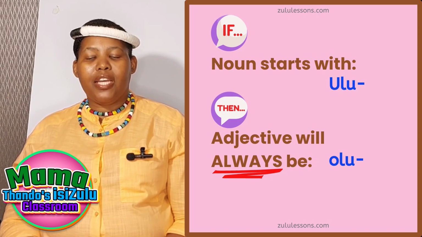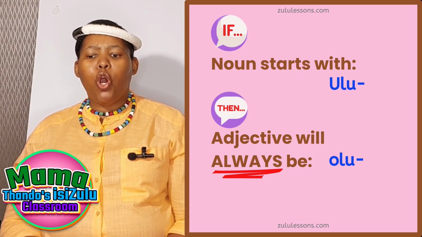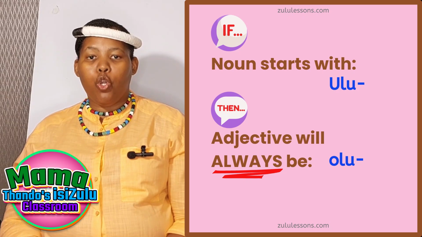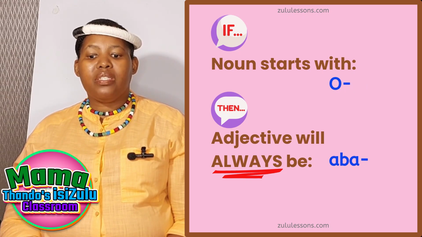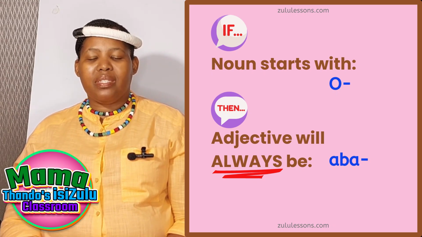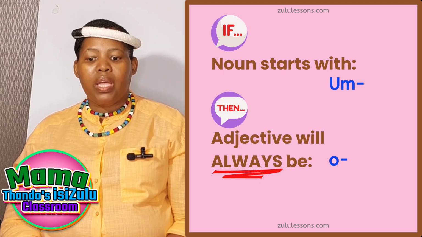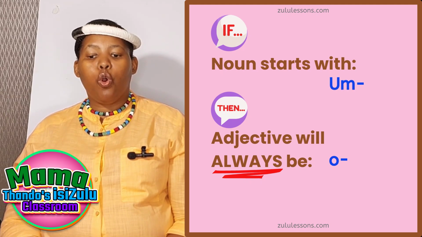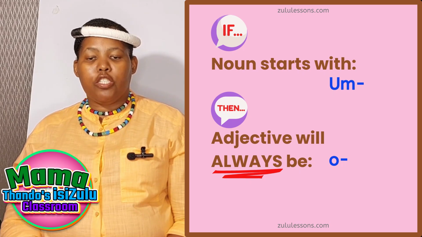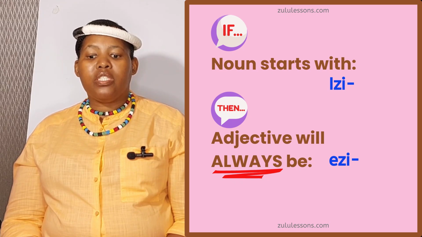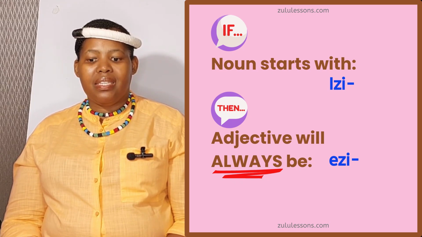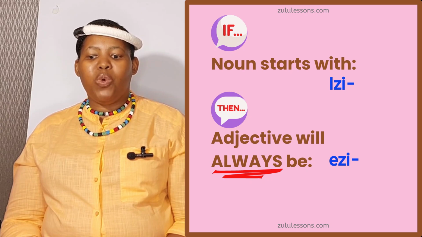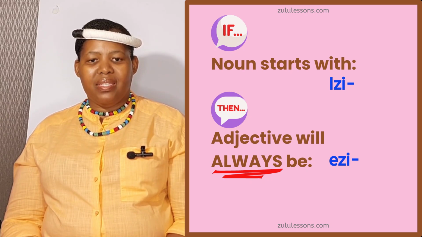If a word starts with ulu, then its adjective will always start with olu. If a word starts with o, then its adjective will always start with aba. If a word starts with u, then its adjective will always start with o.